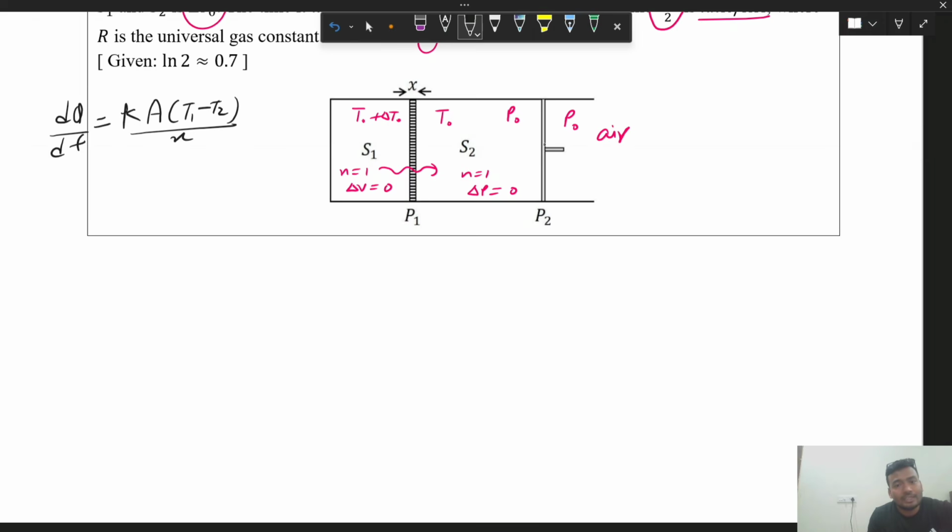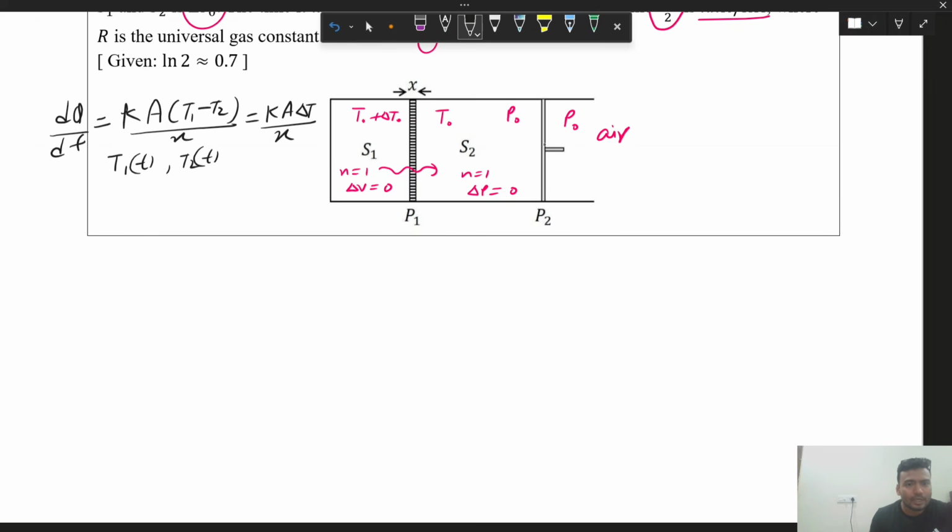See, as I said, the initial temperature of S2 is T naught plus delta T, and S1 at any instant will have some temperature T. So it's a function of time, and T2 is also a function of time. So at any particular instant, section 1 will have T1 temperature, section 2 will have T2 temperature. So basically this temperature difference will be your delta T naught by 2. So after how much time, we have to find out.